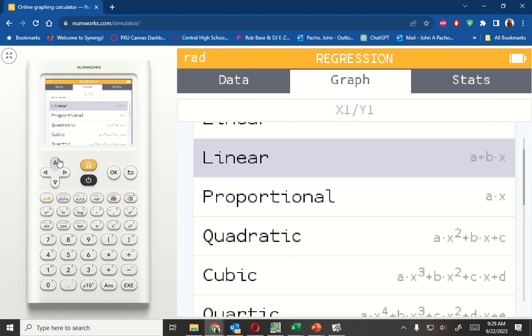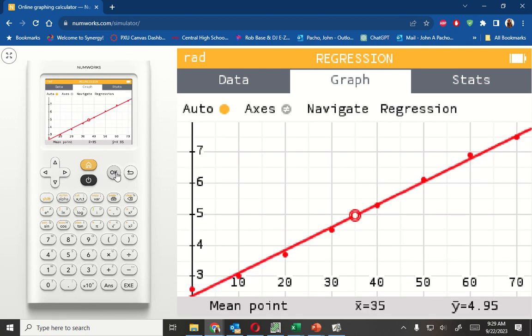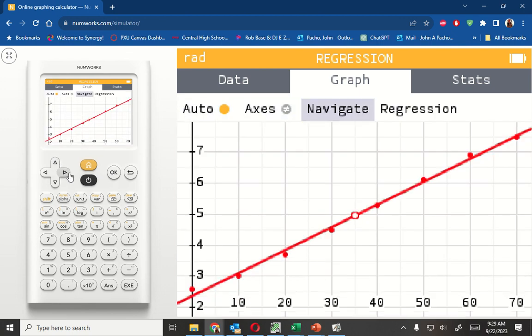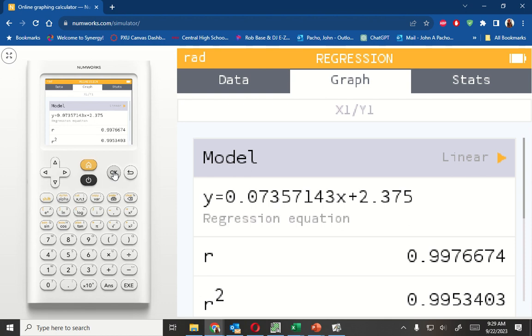Now I'm going back to linear. I'm back on the linear now.